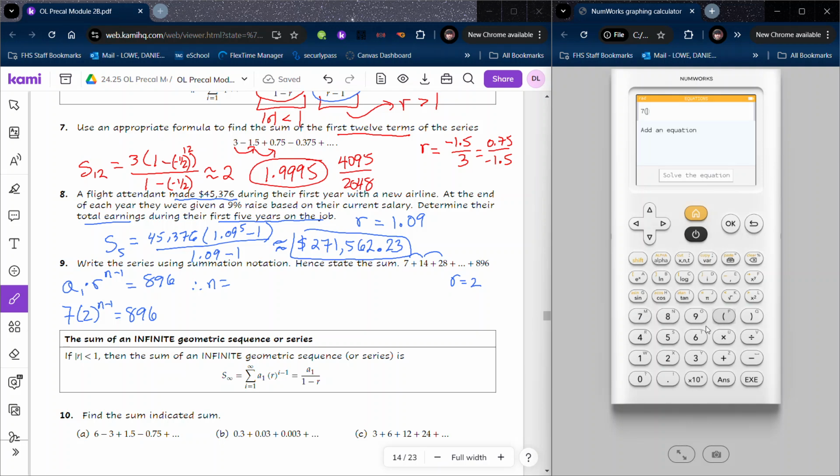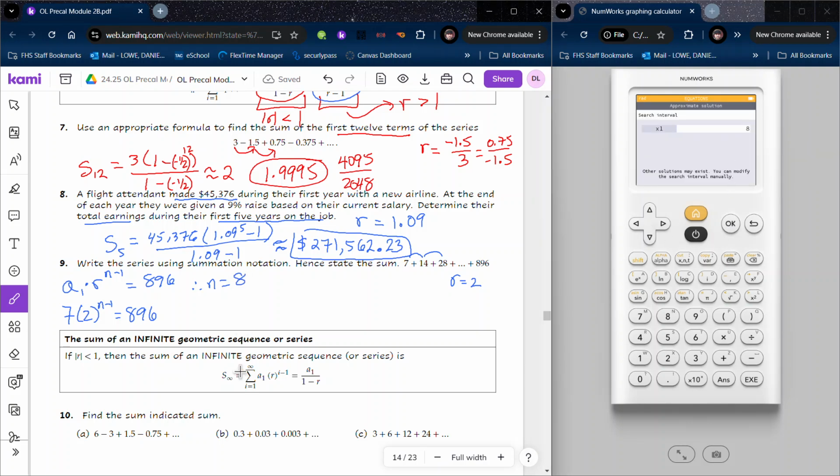I have 7 times 2 raised to my counter minus 1, and that needs to be equal to 896. If I solve, my equation says that n would be equal to 8.